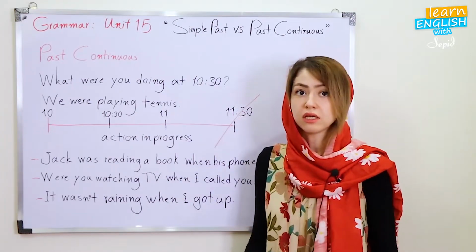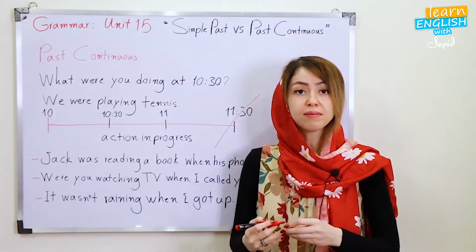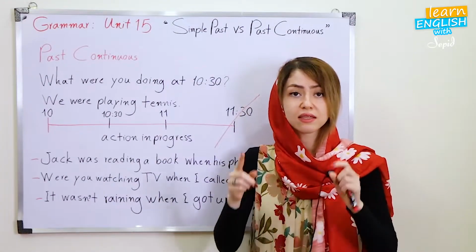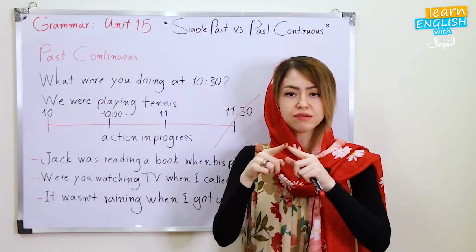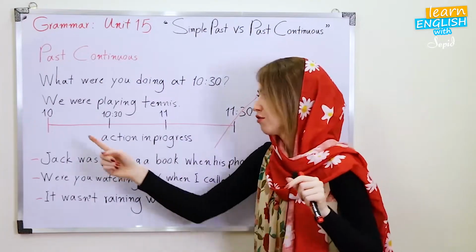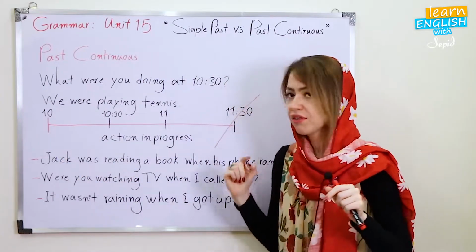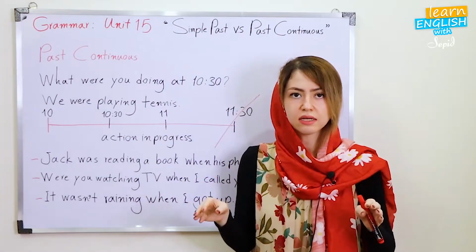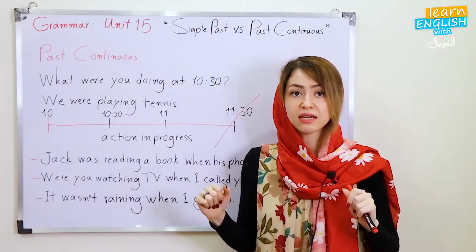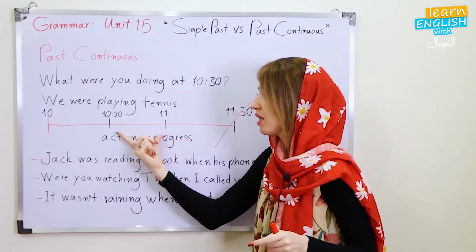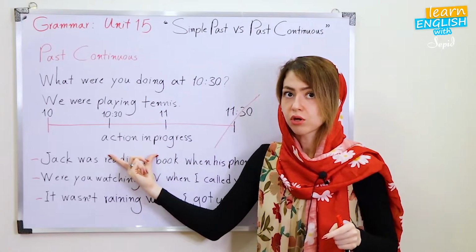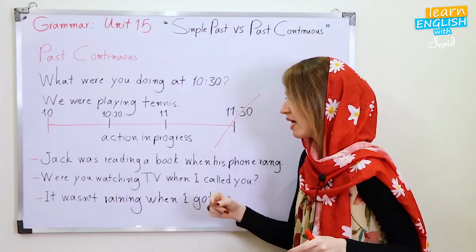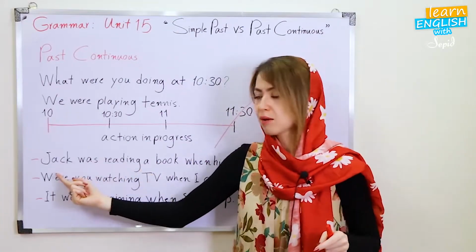Pay attention. In past continuous, but in simple past, it's really important to know that the action is completed between a timeline. So from 10 to 11:30, we completed that. We played tennis, but we are not asking about that. We are concerned with the progress, the action in progress.